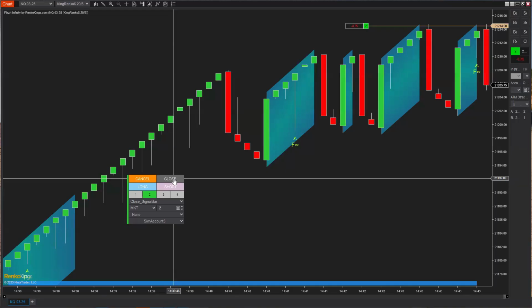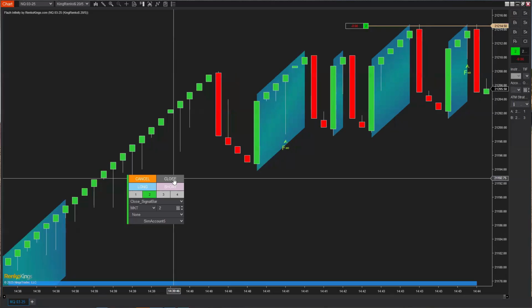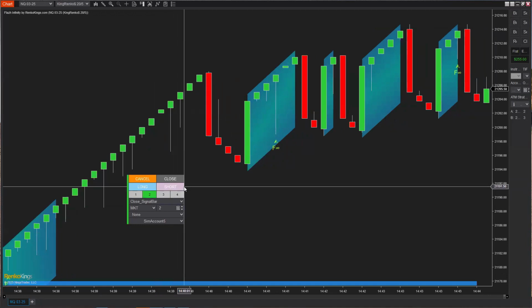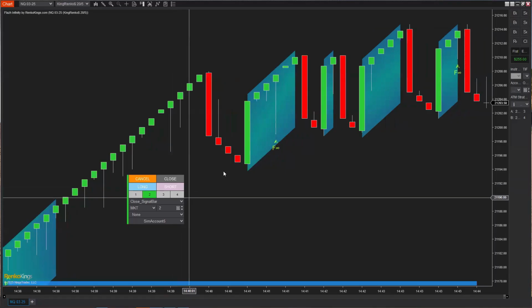Oh, that's no good. Yeah, I'm going to close this. So now everything is disabled. I disabled my longs, I disabled my shorts, and I am done here.